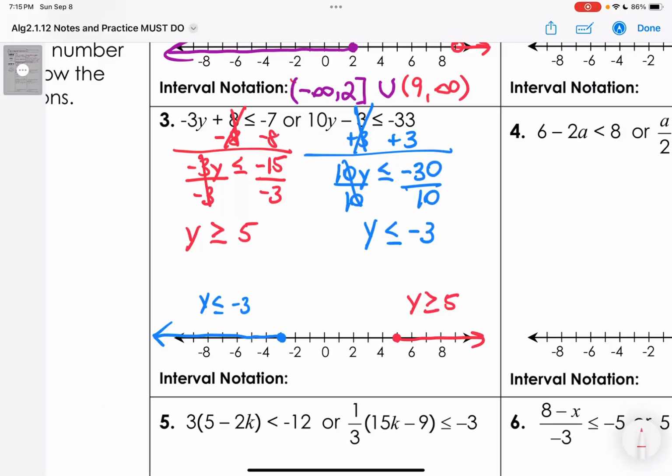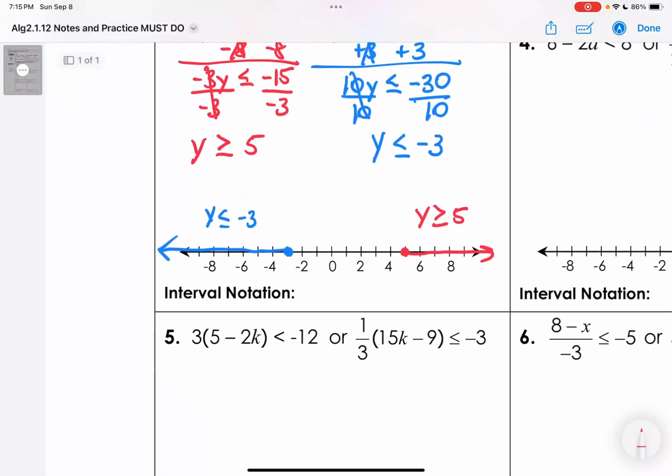Then when I write these with interval notation, the one on the left here is negative infinity, and then it's negative 3. Because that is a closed dot, it is a closed set there, so we have the bracket at the end instead of the parenthesis.